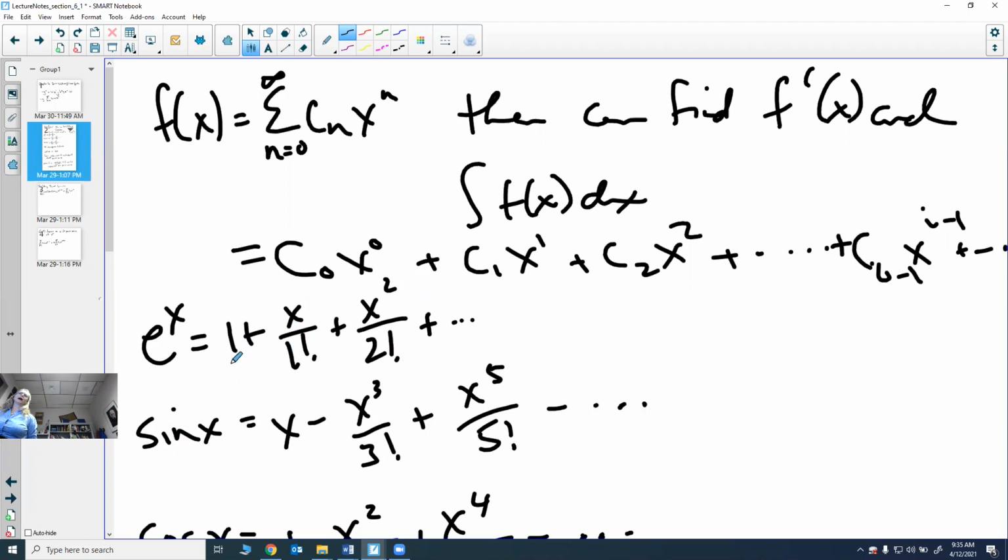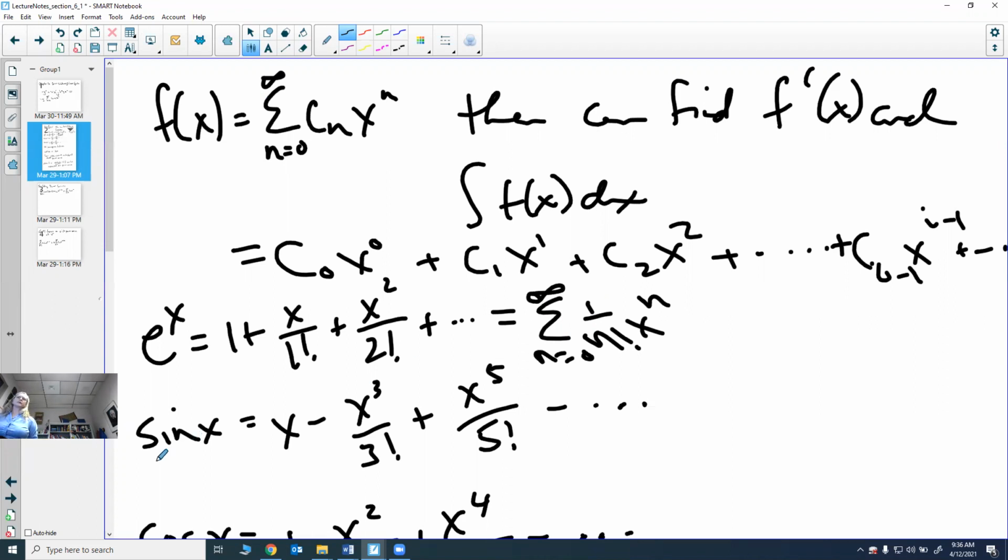You can see the pattern: the summation of 1 over n factorial x to the n, where n goes from 0 to infinity. So we actually have a nice process behind this.